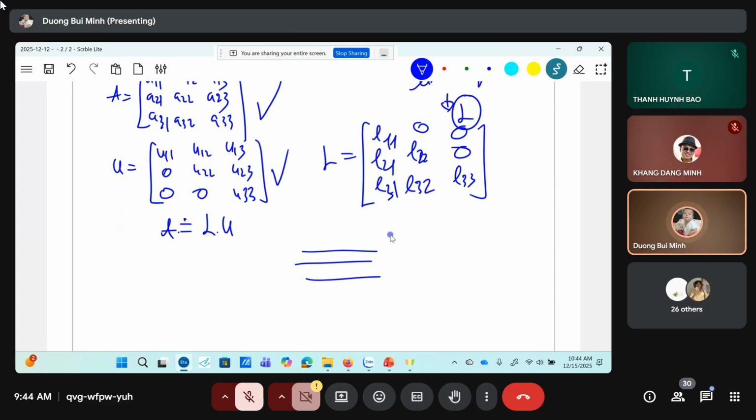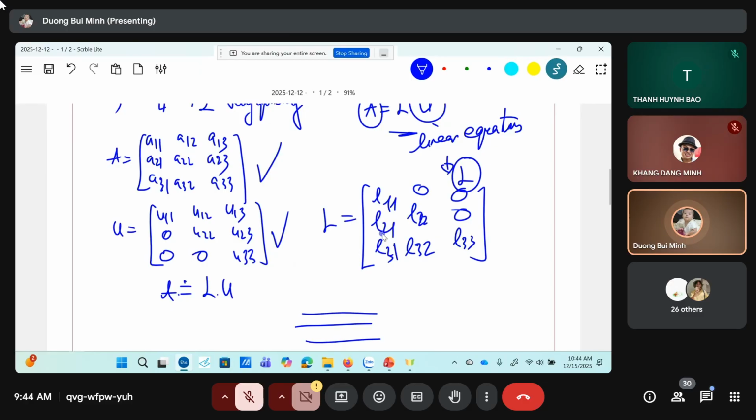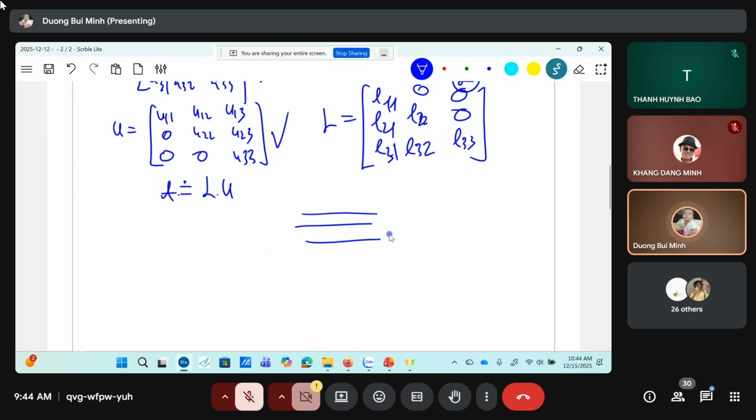For example, if we take L times U, now we know A is A11, A12, A13, A21, A22, A23, A31, A32, A33.